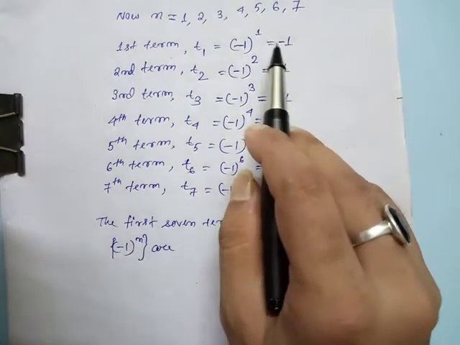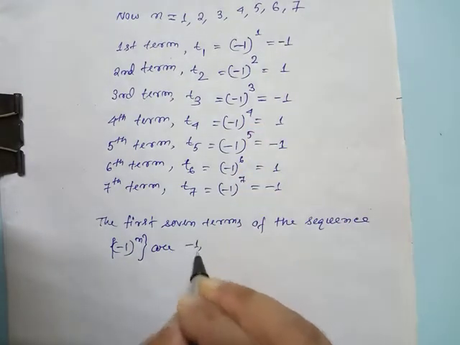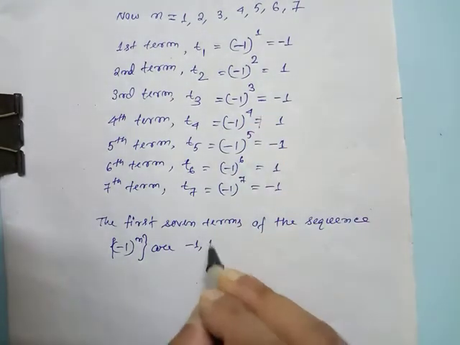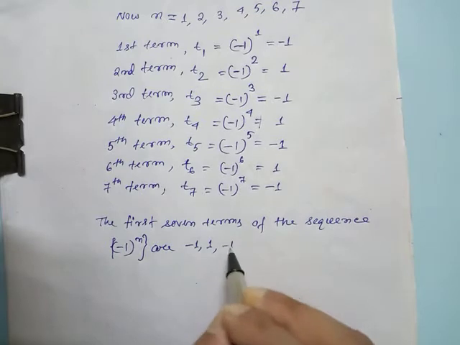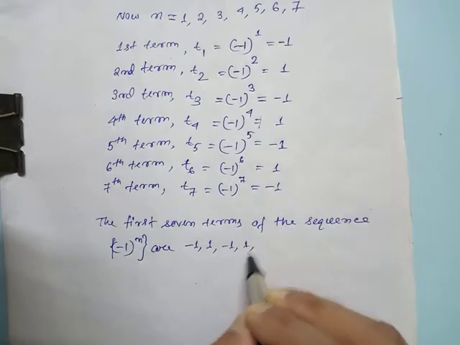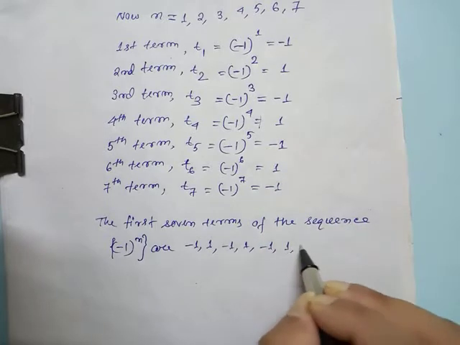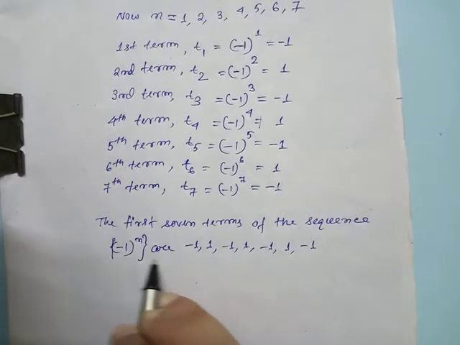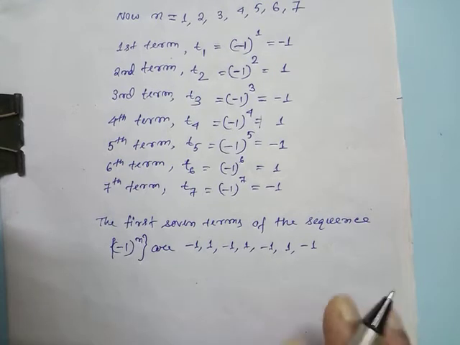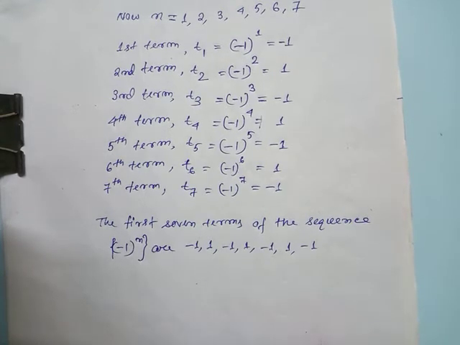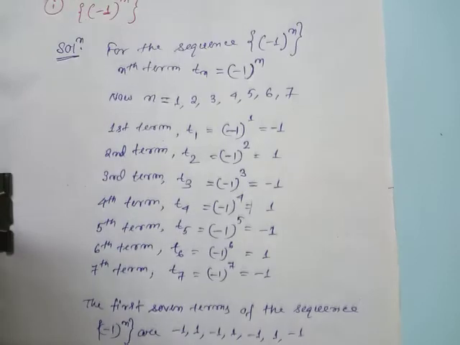Now start from the first one: minus 1, then plus 1, then again minus 1, then plus 1, again minus 1, then plus 1, and the last one is minus 1. These are the answers of the first question. Like this, students, we can solve question number 1 Roman 2. Now I hope you understand this one.